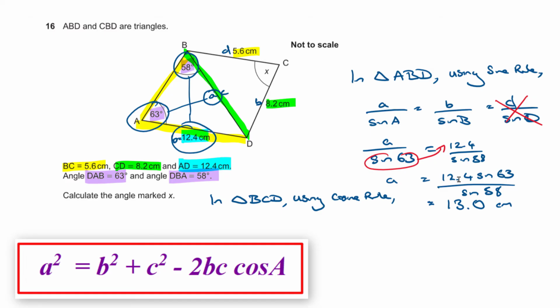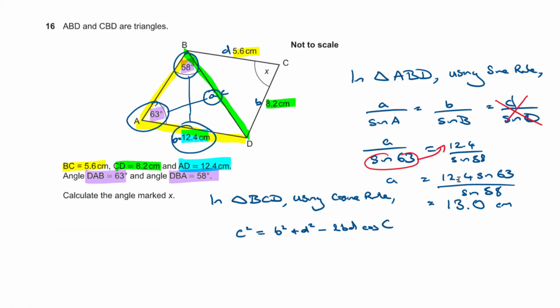Okay, so writing the cosine rule in terms of triangle BCD, trying to find angle C, I'm going to say that C squared equals B squared plus D squared minus 2BD cos C. Now you've got 2 strategies with the cosine rule, because there's 2 ways around that you need to find it, either if you're finding an angle or you're finding a side.